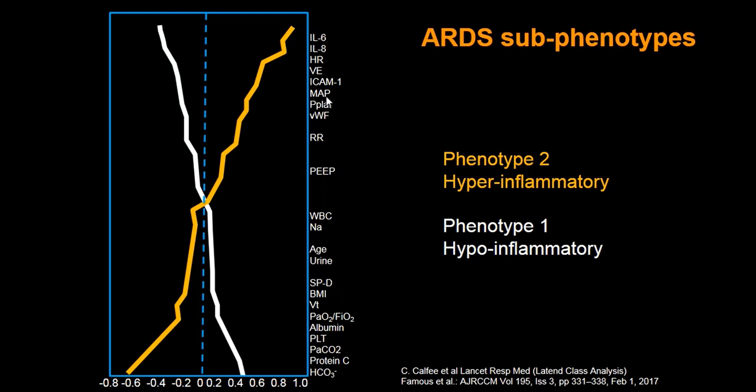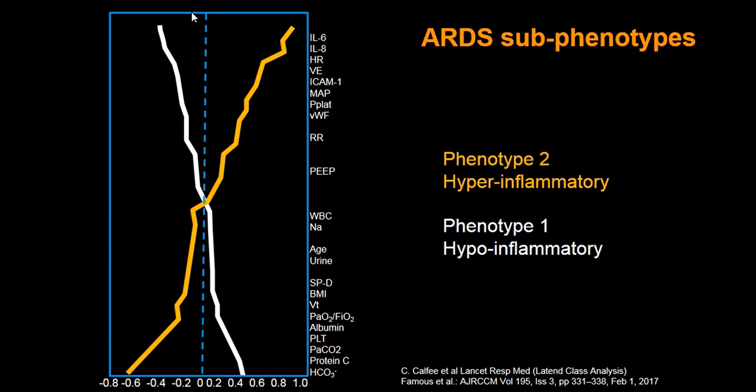Some of the molecules I've shown you earlier on, but other things like PEEP, respiratory rate, age, BMI, PF ratio, bicarbonate. And what this analysis, using latent class analysis, has demonstrated is there is clearly a pro-inflammatory phenotype called phenotype 2 with high IL-6 or inflammatory markers, and you can follow there low bicarbonate.